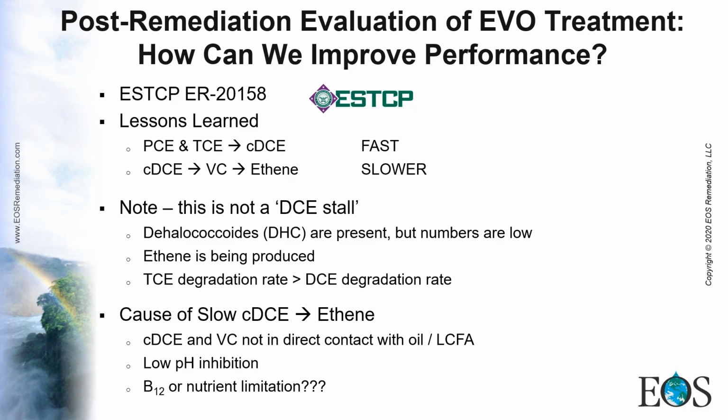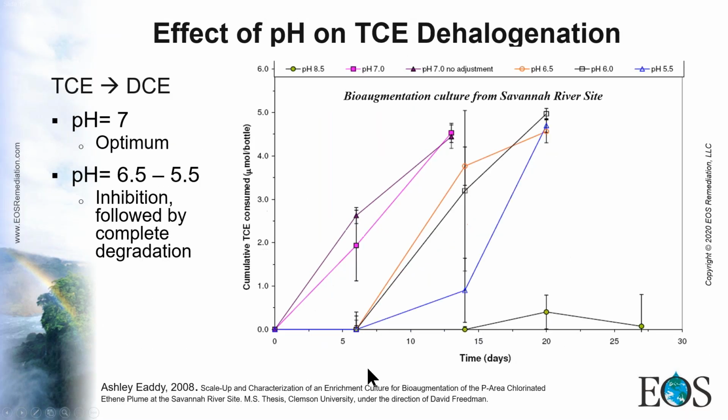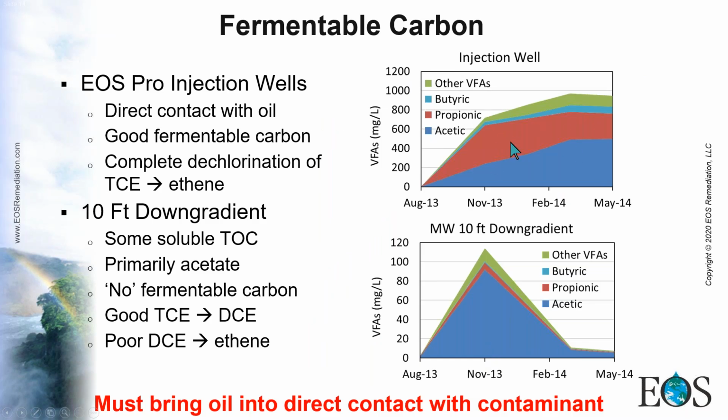In the lab, you have essentially near ideal conditions in a completely mixed reactor. So we're adding our organic substrate, we're buffering the pH, we're making everything absolutely ideal, and so we get great removal rates. In the field, conditions are less ideal. I will argue, actually I don't have it here, but in the injection well, even though it was in the field, that was nearly perfect conditions, and we saw fantastic removal rates.